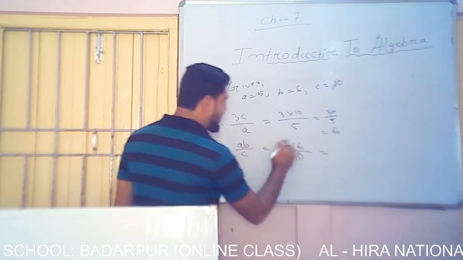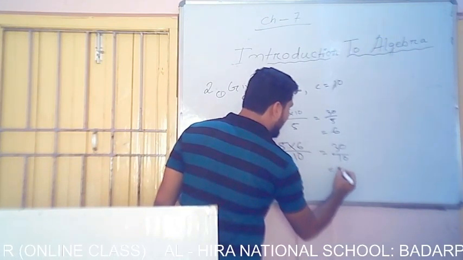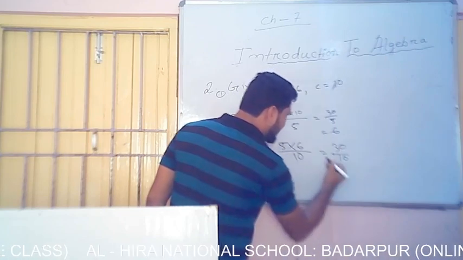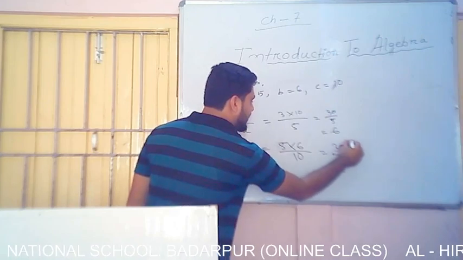Now if we multiply 5 into 6, then we will get 30 by 10. Then if we cancel, 3 10s are 30. Then the answer will be 3.